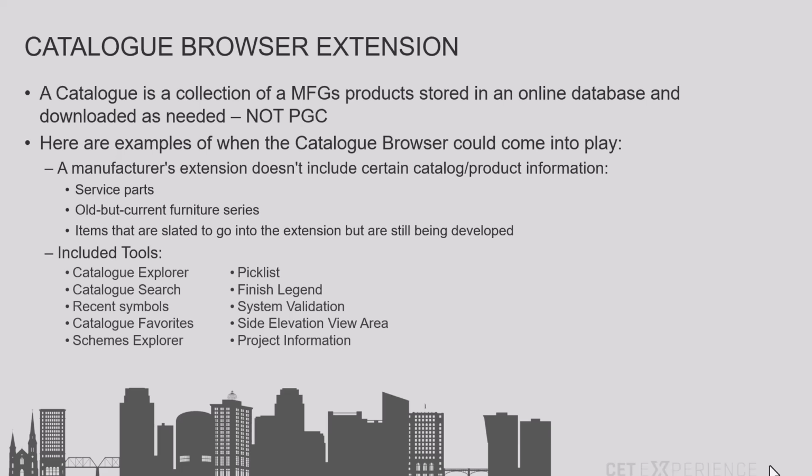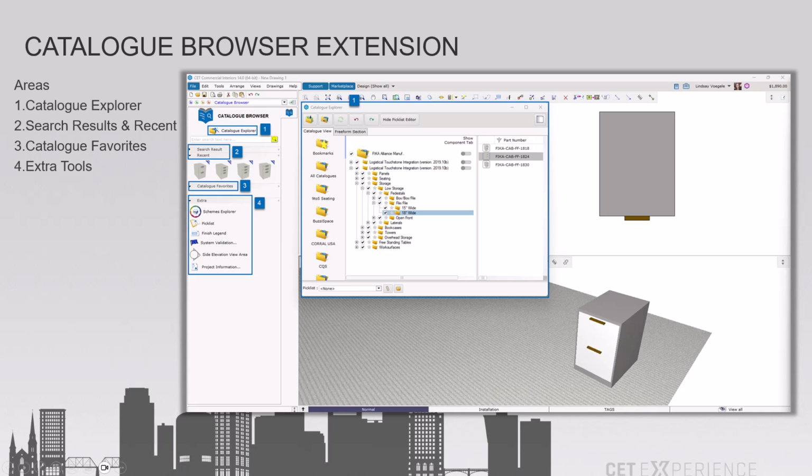There are several different tools that are included in the extension, and most of them are located down here at the bottom of the extension menu. But we do have the Catalog Explorer that you can use to browse for search results.